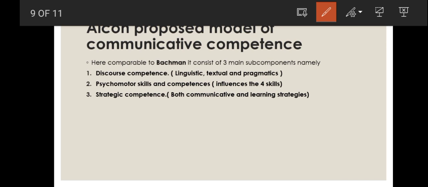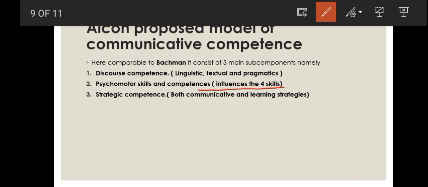I don't think I should repeat them again, but psychomotor skills and competences influence the four skills. According to this model, the four skills, speaking, reading, writing, and listening, are more related to each other and more influenced by this approach.